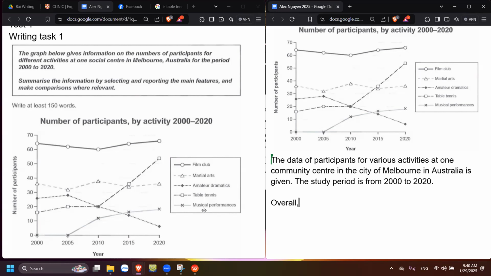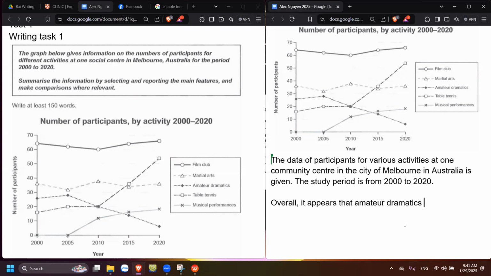So if you just say overall, what would you write here? Overall, it appears that amateur dramatics is the only one that drops, isn't it? Overall, it appears that amateur dramatics is one of the few activities that has a drop in participation between the 2000s and 2020.